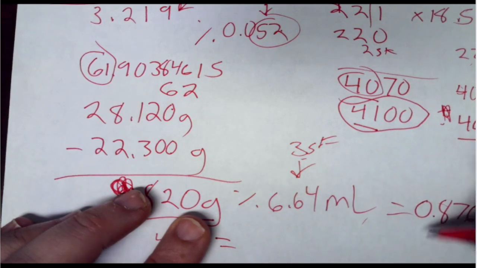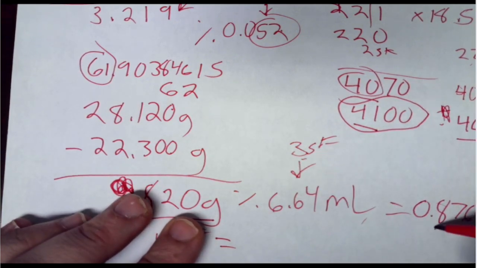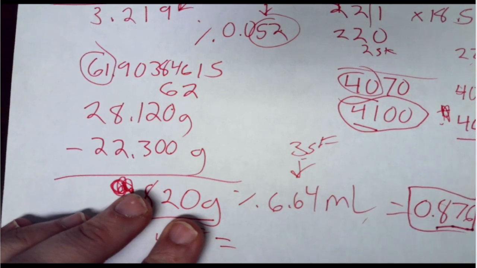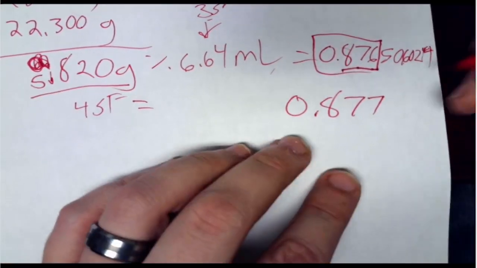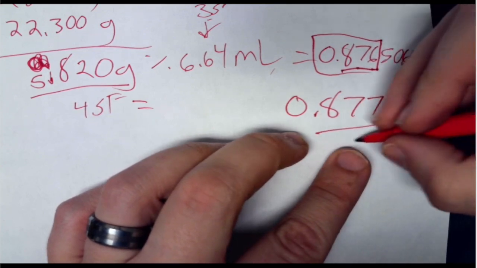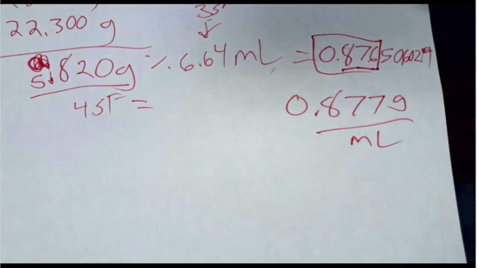And I round. I want 3 sig figs, so I want 1, 2, 3. I'm going to round to there, so it's going to round to 0.877. That is my final answer. Grams over milliliters. That's how I can figure that out. So I'm just basically keeping in mind as I do some simple math.